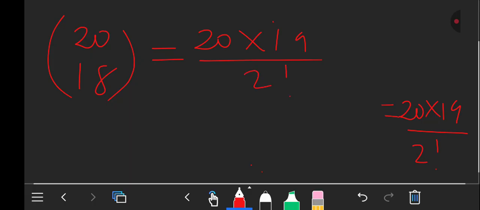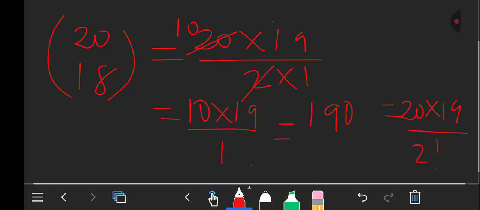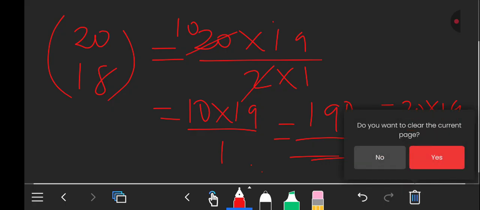So 2 factorial is just 2 times 1. 2 into 2 is 1, 2 into 20 is 10. So what I have is 10 multiplied by 19 over 1. So this will be equal to 10 multiplied by 19, that's 190 divided by 1. That is 190. So that is the answer of 20 combination 18.